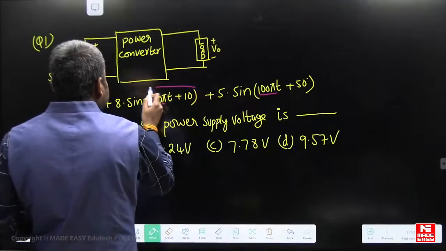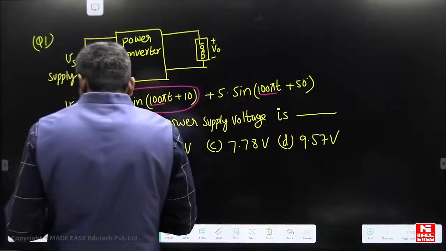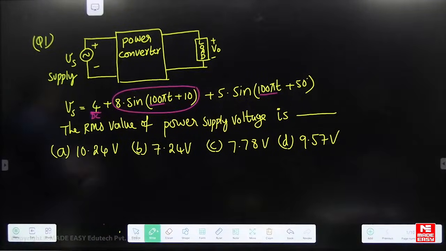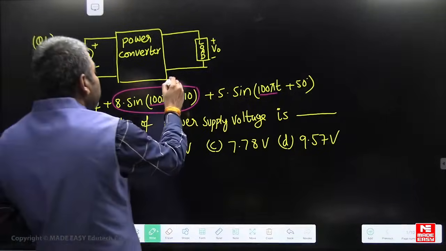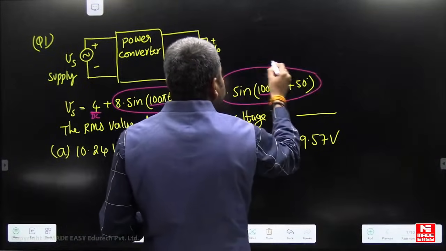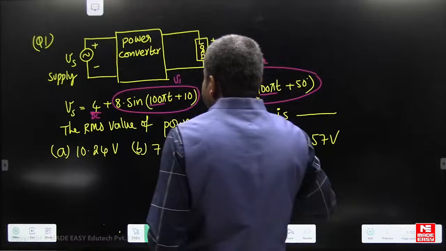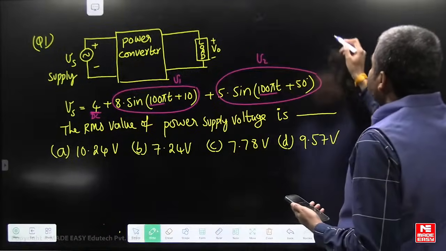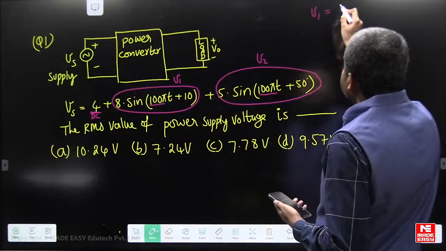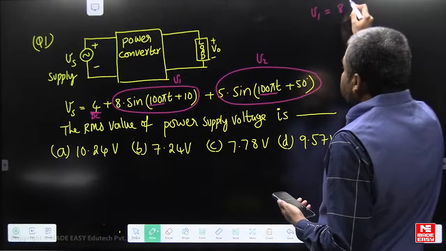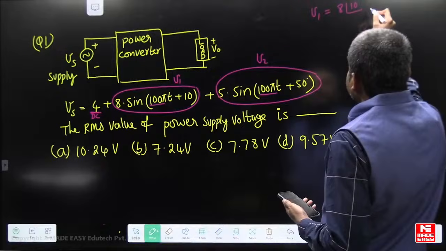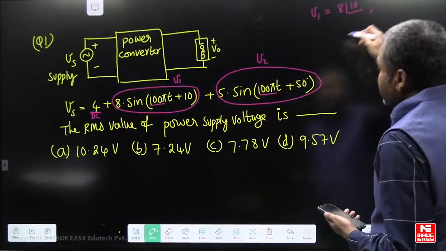Let us suppose that this voltage is V1 volts and this voltage is V2 volts. So I can write V1 is equal to 8 at an angle of 10 degrees, which is leading, because of the same frequency.